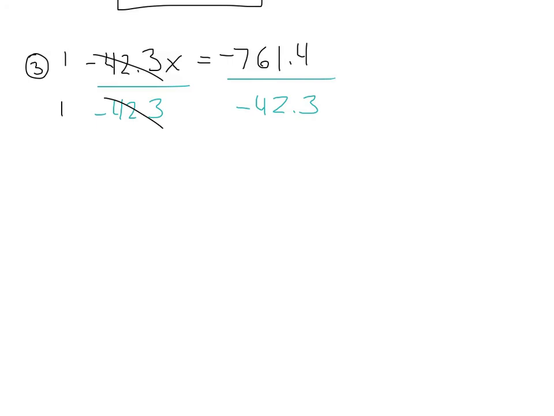And that is equal to negative 761.4 divided by negative 42.3. Well, let's see. First of all, a negative divided by negative is definitely going to get us a positive number. 761.4 divided by 42.3, either way you want to do it, gets you positive 18 on that side.